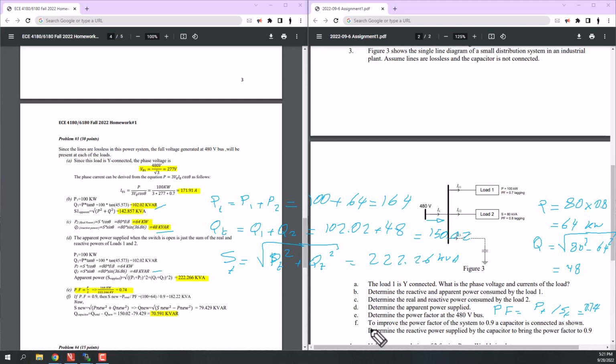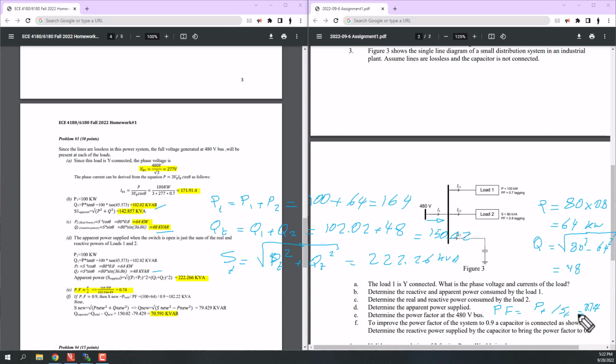And for the last part, like the last part of question 2, we need the system to have 0.9 power factor, and for this sake we have to connect a capacitor here. The power factor was 0.74, so we have to inject some reactive power to increase the power factor.